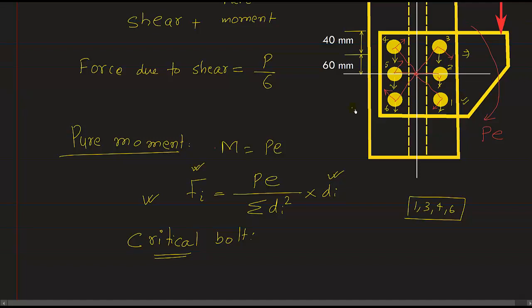But in this direction, in bolt number 6 and bolt number 4, they will subtract. So bolt number 1 and bolt number 3 are the critical bolts, because in these cases the force will add. So the component of pure shear and the component of pure moment will add, because those are forces in the same direction.